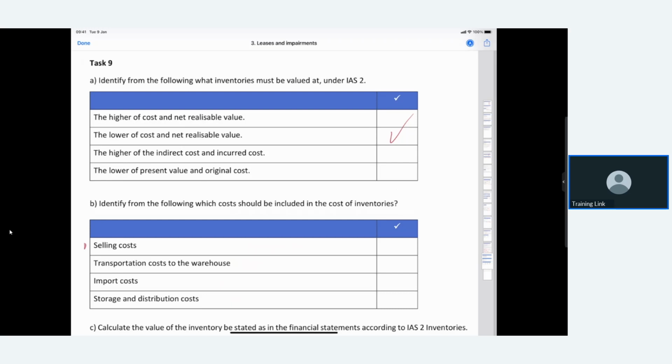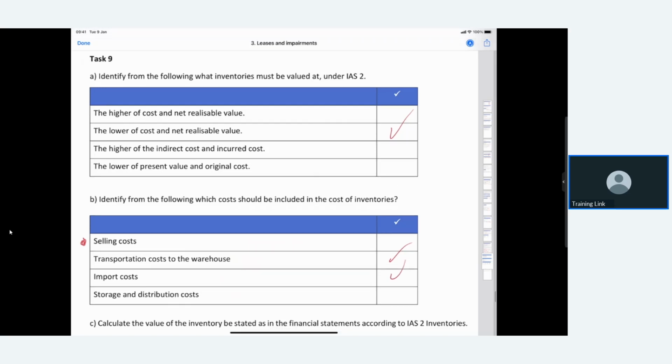Well, you definitely can't include selling costs, that would be after the fact. Transportation costs to the warehouse, absolutely. So again, it's bringing the items to a usable condition. And we could also include import costs. However, we could not include storage and distribution.